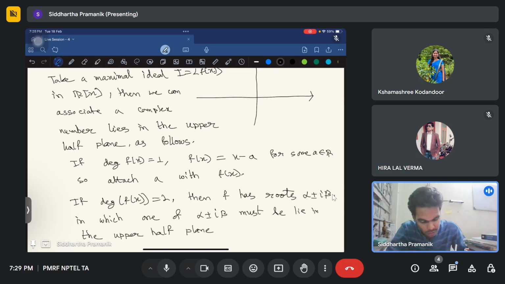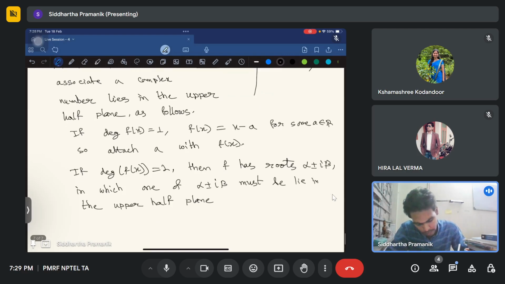Because both are complex conjugates, so one of them must lie in the upper half plane. So attach that root.